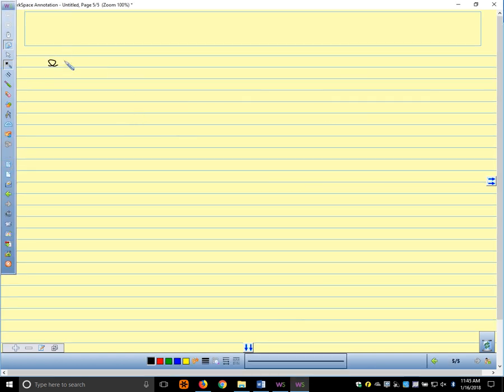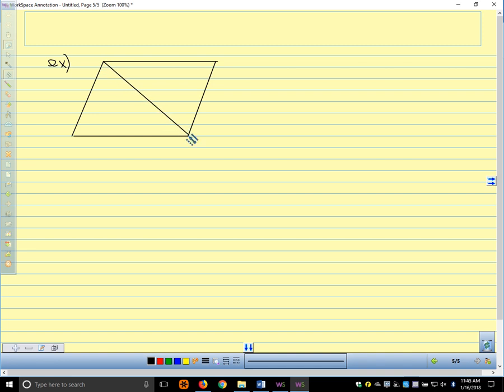All right, let's look at one more example. So there's my quadrilateral. There are my diagonals. I'm going to call this A, D, C, B. And I'm going to say AE equals CE.